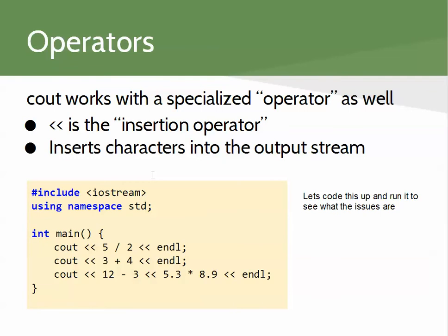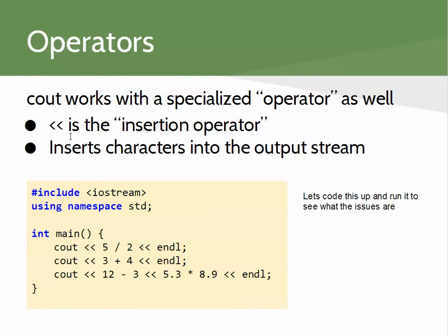We'll come back to what actually ends up being printed in a moment. But I just want to reinforce the fact that the cout statement is actually using a different operator. If we think about operators as plus signs, division signs, subtraction, and addition, for printing there are also operators, and this double arrow that we've got down here is actually an operator. It's an insertion operator. Cout followed by an insertion operator followed by a value, an expression: the 7, the 12 minus 3, the 5 divided by 2.